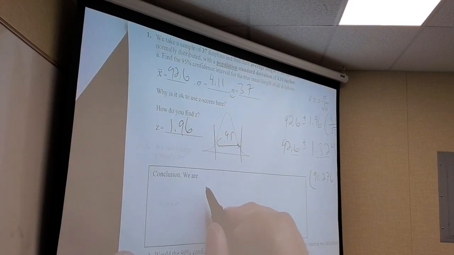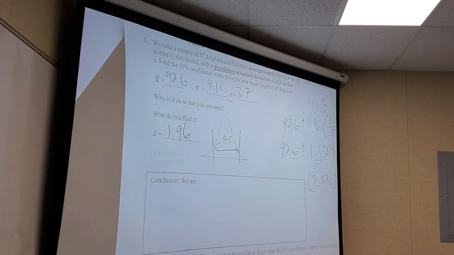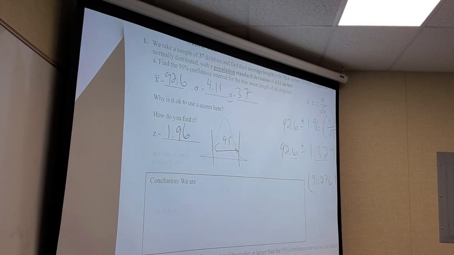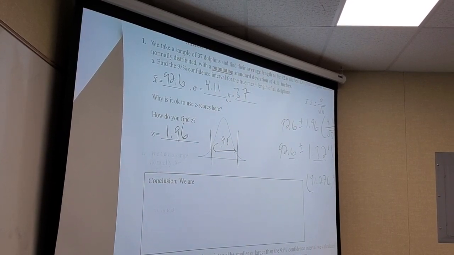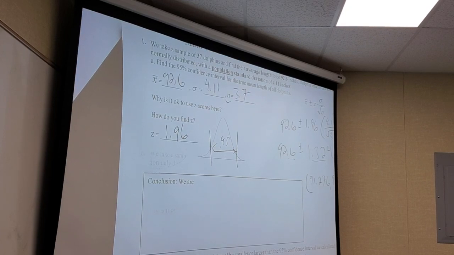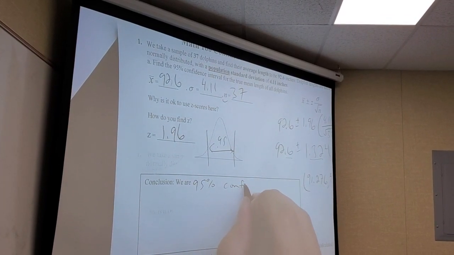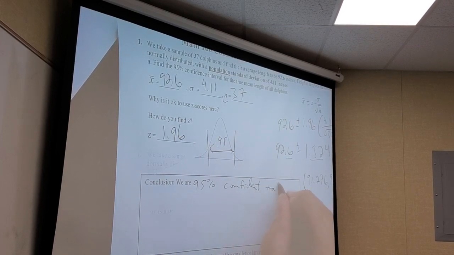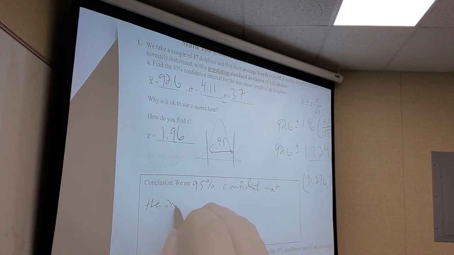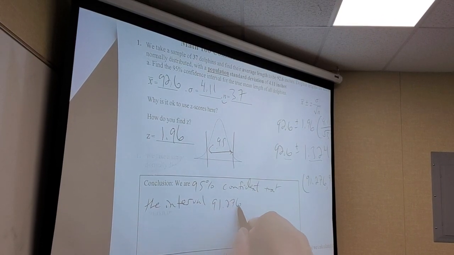All right, who thinks they've gotten the conclusion written correctly that I haven't heard from yet? Anybody? Yes. We are 95% confident that the interval 91.2757 inches to 93.9243 inches, rounded to 4 decimals, contains the true mean length of all dolphins.